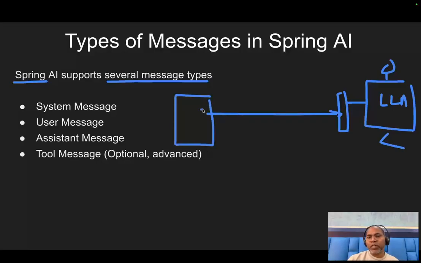Whenever you want to send a message or input to the LLM from a Java application, somehow we have to convey our context, our intention, so that the LLM can identify the intention of the user, of the client, and reply with that specific context.